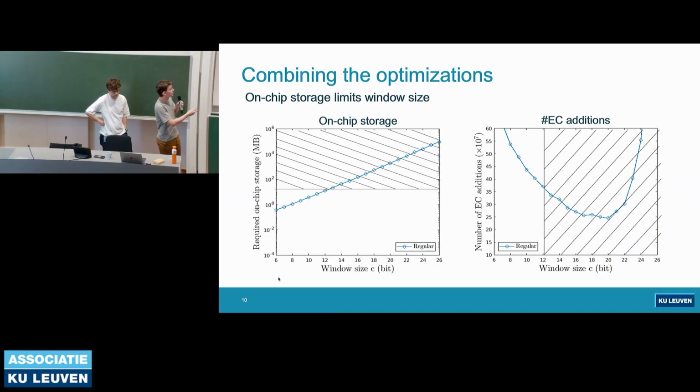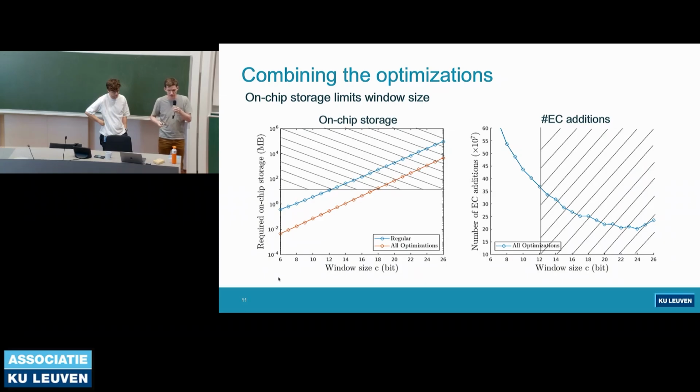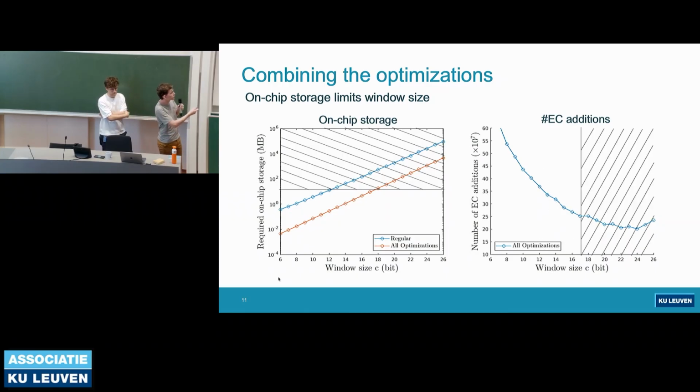This means that we are at a suboptimal point on our curve, and that is why we combined all of these optimizations to be able to go to larger window sizes. If we now give the graph here with the new on-chip memory requirements with all of these optimizations, we can see that from 12-bit windows we can go to 17-bit windows, which pushes our allowed region further, giving us a quite significant decrease in the number of elliptic curve additions for one multi-scalar multiplication.